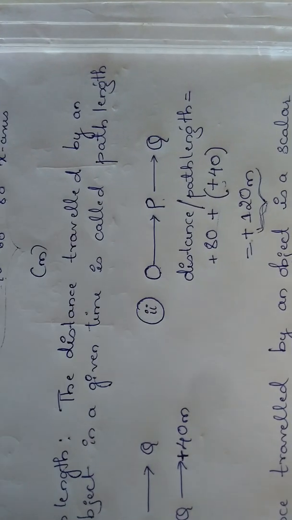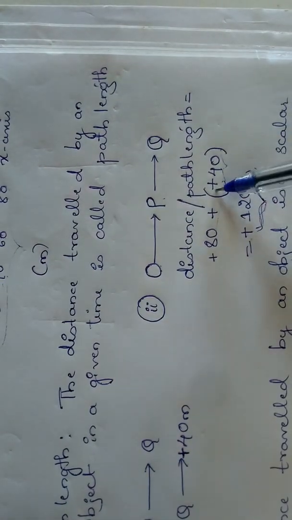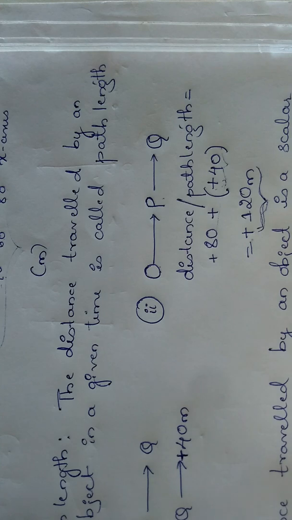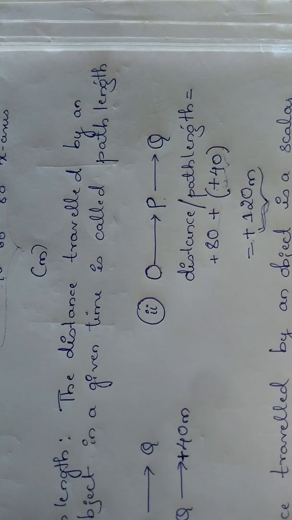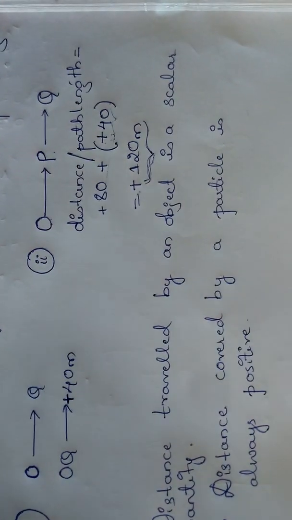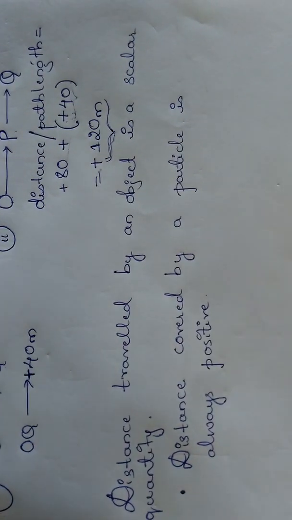We took it as plus 40 meters, not as minus 40 meters. So whenever you measure a distance, the magnitude of the distance comes in positive.